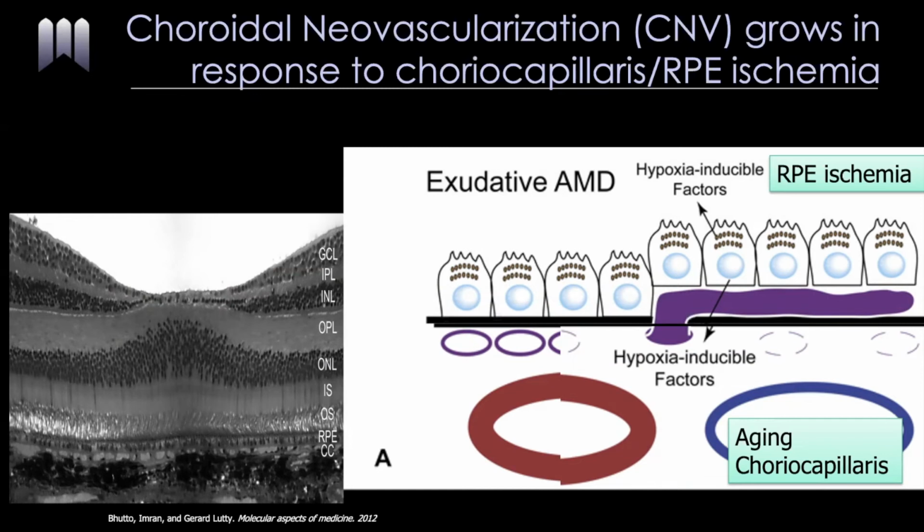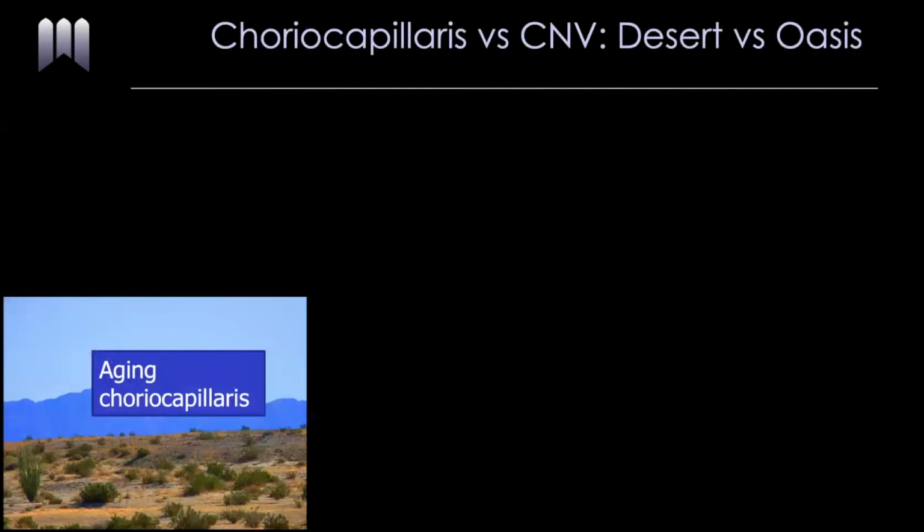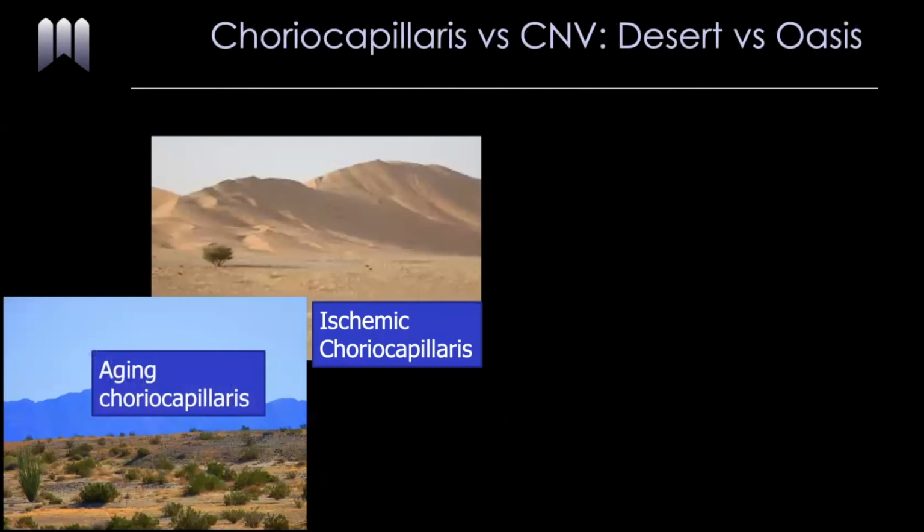So these CNVs as a reactive, regenerative process has perhaps been proposed for a long time by Jerry Luddy. In that concept, the aging choriocapillaris could be partially compensated until it reaches a certain point where it's super ischemic, like a desert.